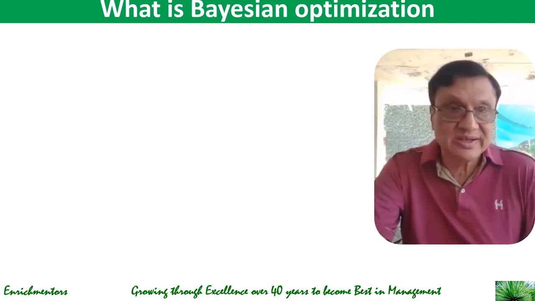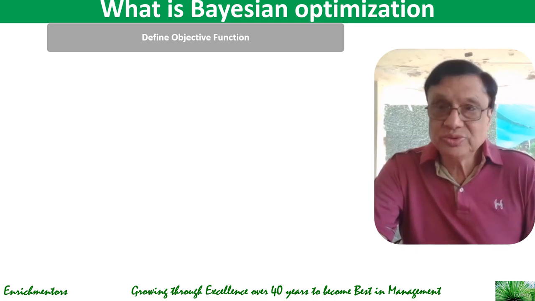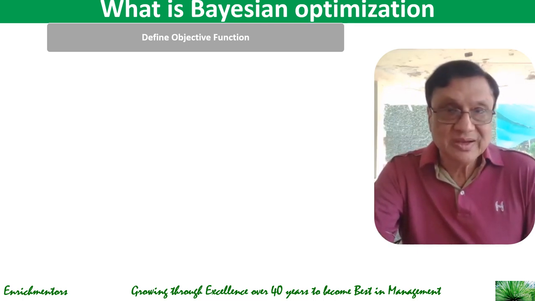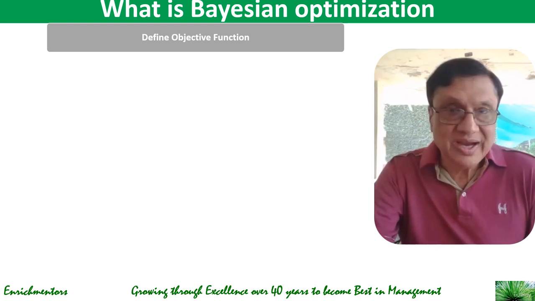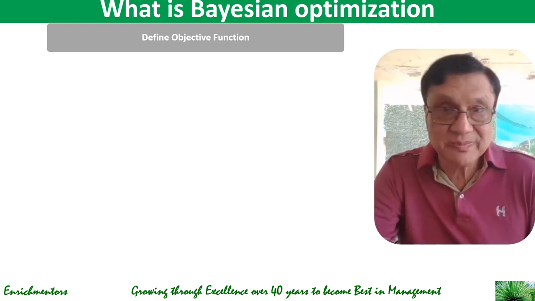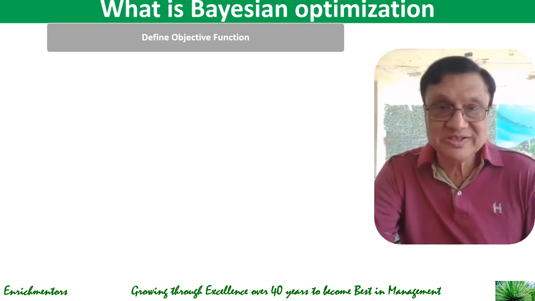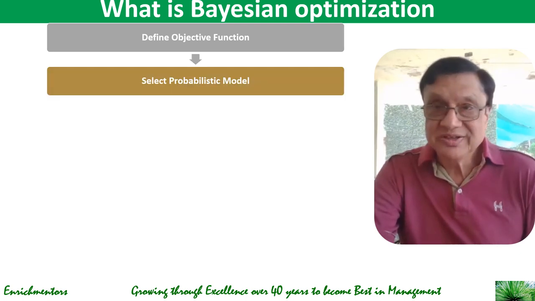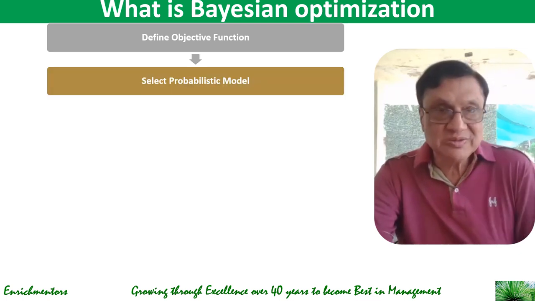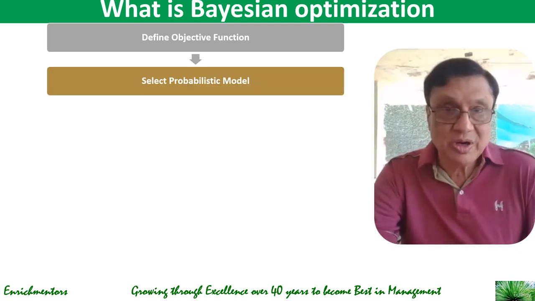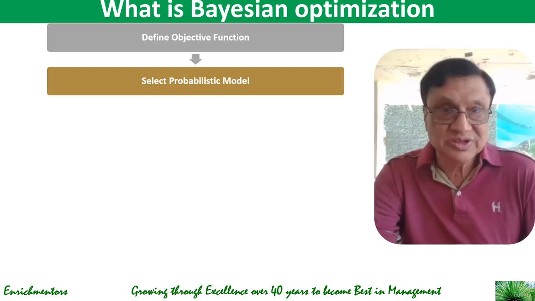Now, how does this work? Let's take a look at this. First, you define the objective function, where y is a function of f(x), where x represents the hyperparameters of the model to be optimized. The objective function evaluates the performance of the model for a given set of hyperparameters. Then you select a probabilistic model to represent the objective function.